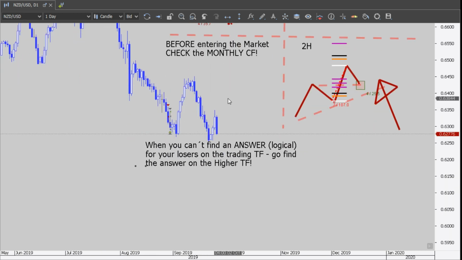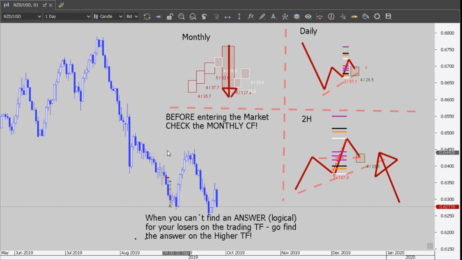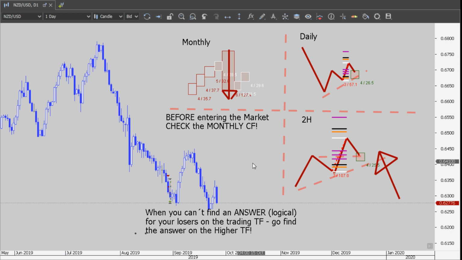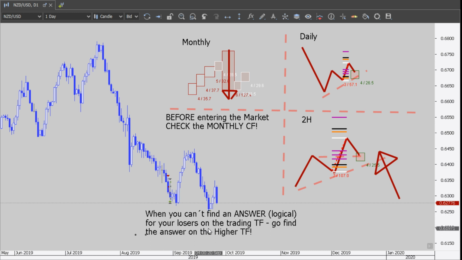If you want to journal, write your trades and have a statistic, what you are doing, when you are losing, when you are winning, when you can't find a logical, technical answer for your losers on the trading time frame, in this example the 2-hour chart or the daily chart, go find the answer on the higher time frame. Of course, this is just an example, but if you would enter long and the market starts to make higher highs and higher lows on the smaller scale, then bam, you would lose on the daily.